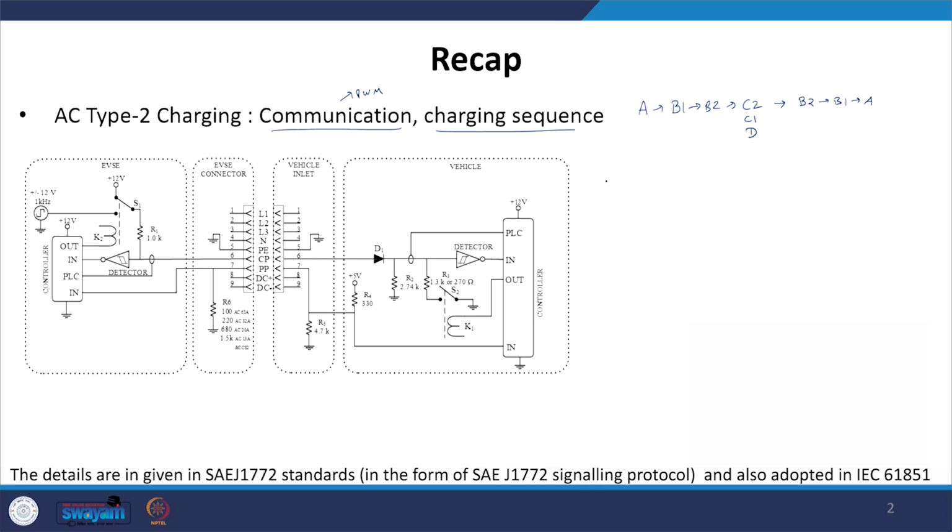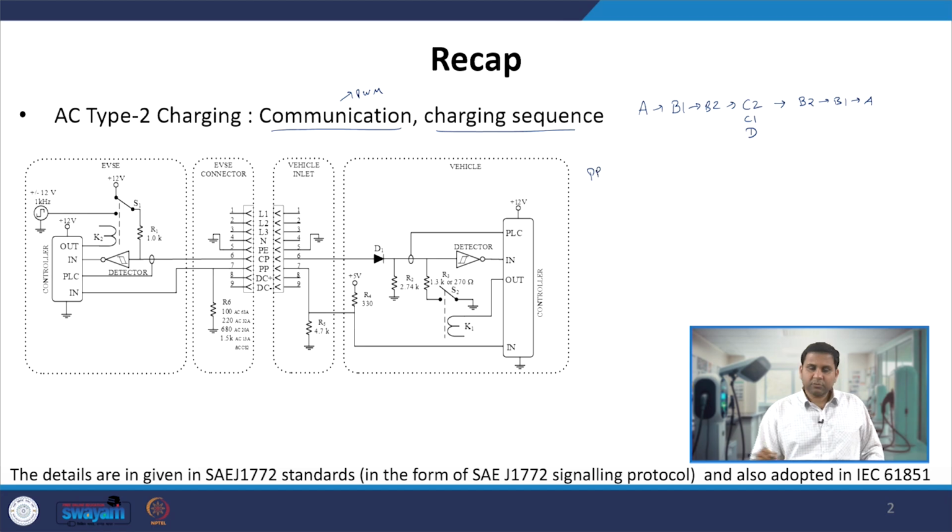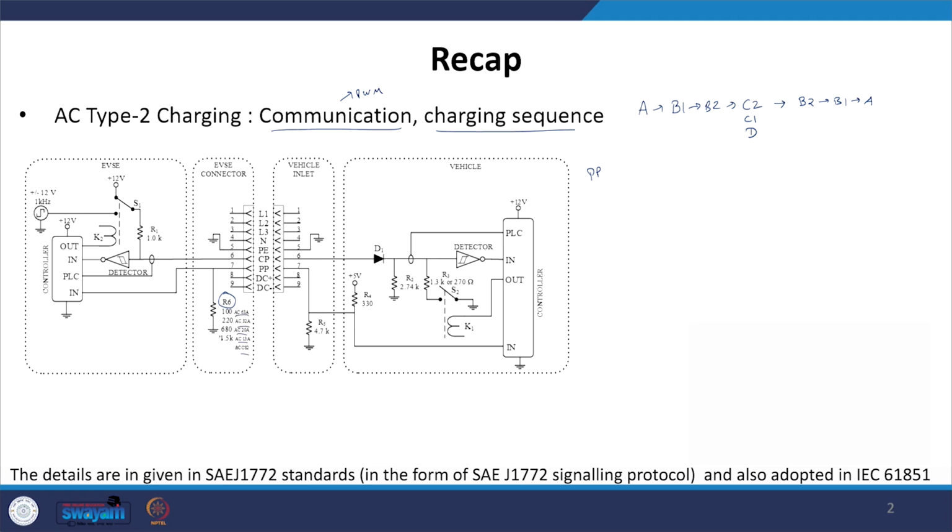We have seen that the first thing the charger does whenever it gets plugged into the EV, using its PP pin, is detect whether the connector which gets plugged into the EV is correct or not. So it's the EV which first recognizes whether the plug which has been plugged into the vehicle inlet connector is correct or not. That is through the R6 resistance, because for different current ratings, and for AC or DC, this resistance value will differ.